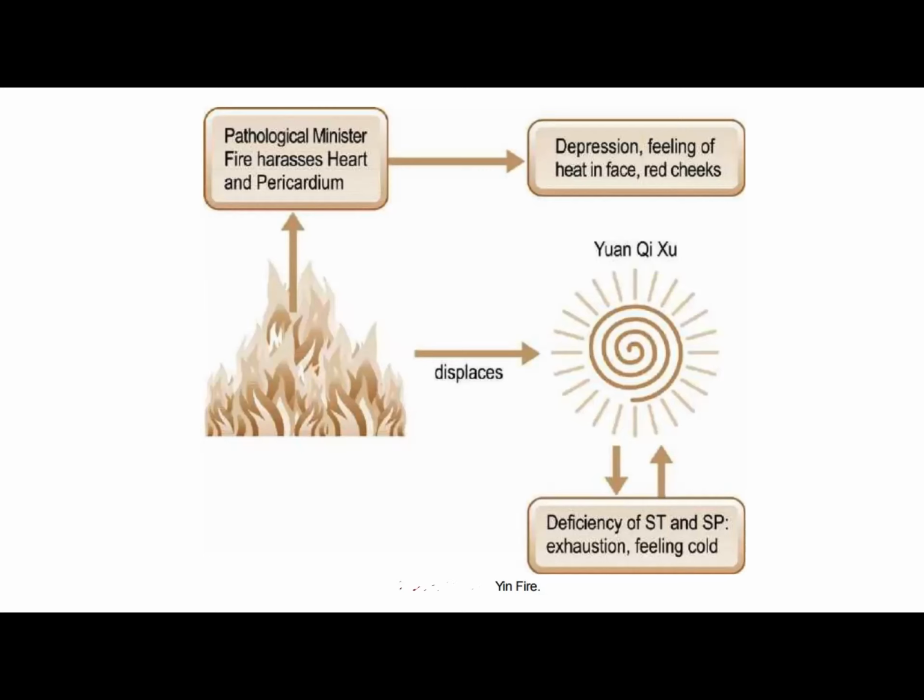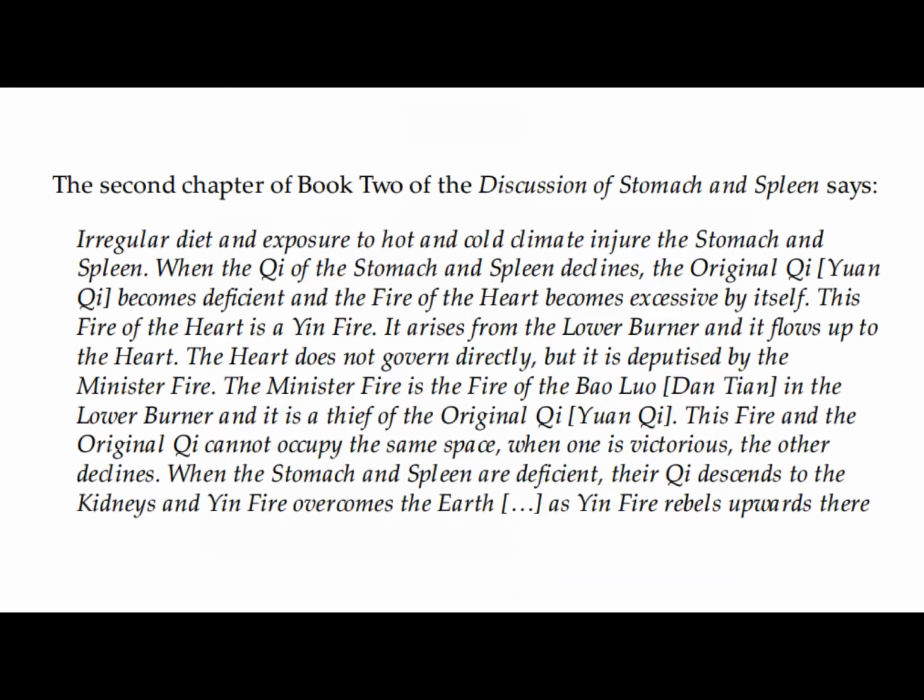So this leads to yuan qi deficiency, which will later on lead to deficiency of the stomach and spleen. That's why the patient would have exhaustion and feeling cold. And of course, if you have deficiency of stomach and spleen, this will lead to yuan qi deficiency.